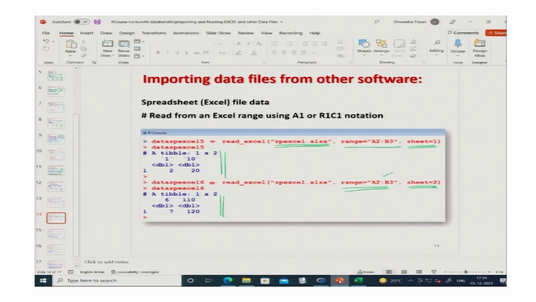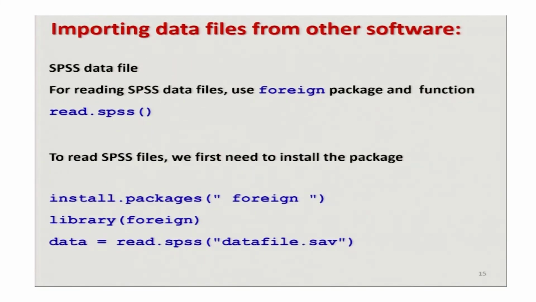Okay, anyway, now let us come back to our slides and try to understand the other things. Once you have learned how to read Excel files, TXT files, and CSV files, now there is no end. Now I will very quickly show you how you can read data files generated in other software.